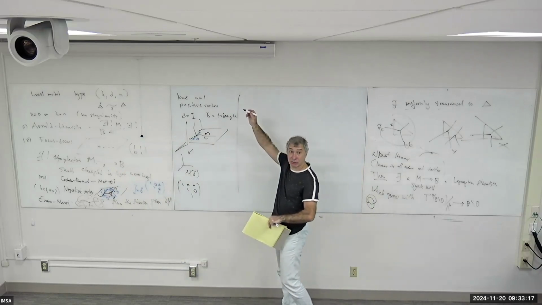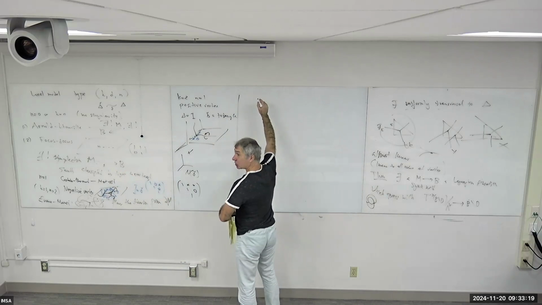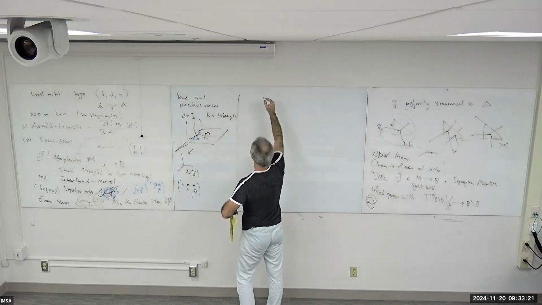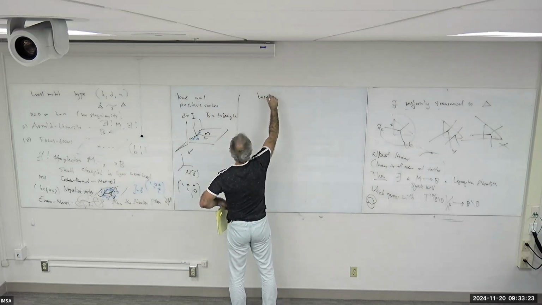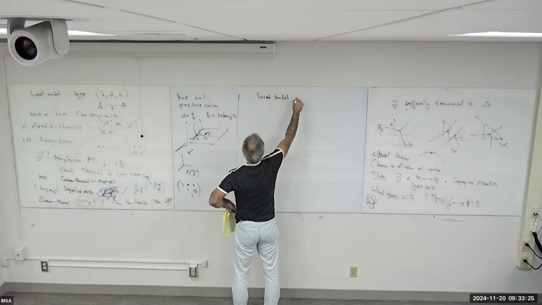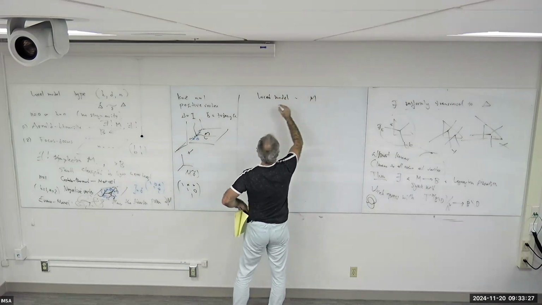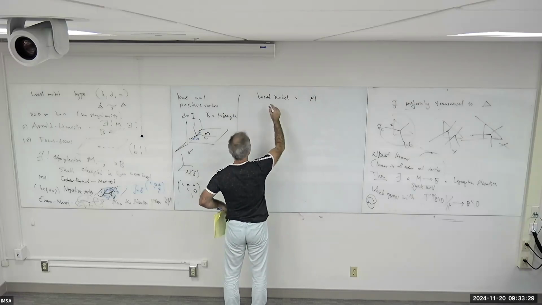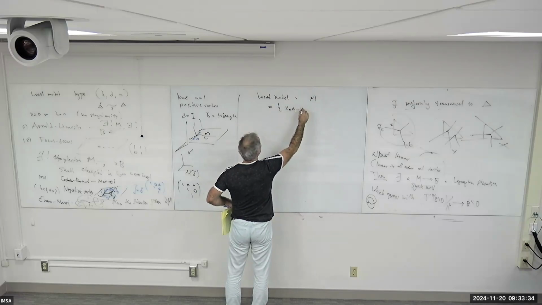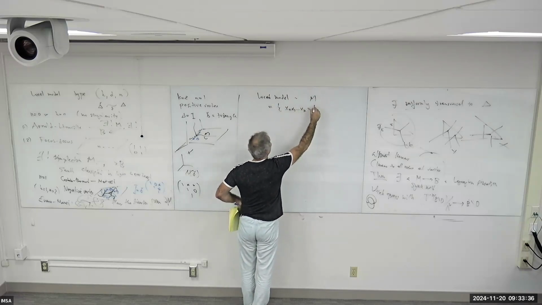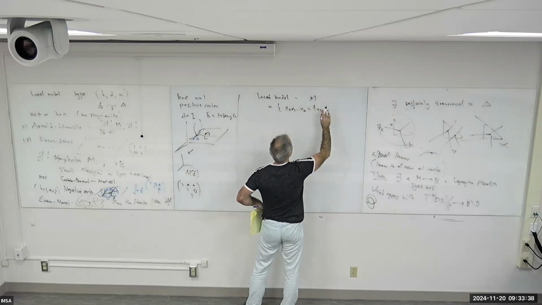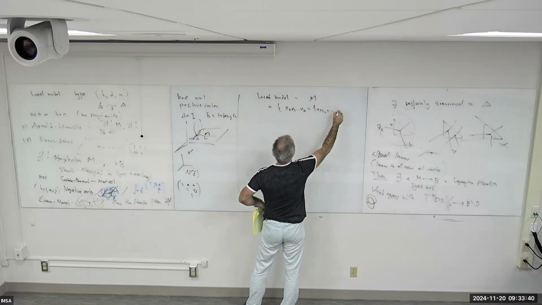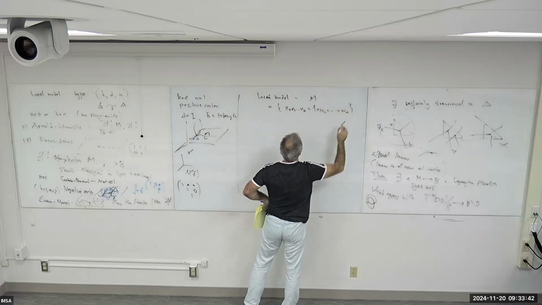Okay, everybody knows, of course, what the answer is, right? To the local model. Local model M is x0 ... xk equals 1 plus w0 plus, sorry, w1 plus m.